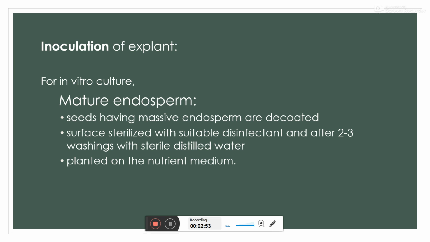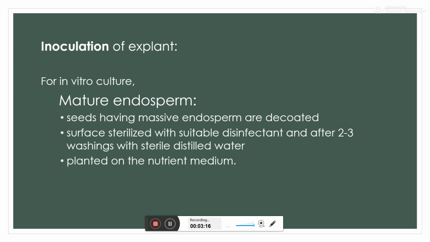Surface sterilization is very important in endosperm culture. After this sterilization, the endosperm is planted on a suitable nutrient medium. This is how the matured endosperm is inoculated.